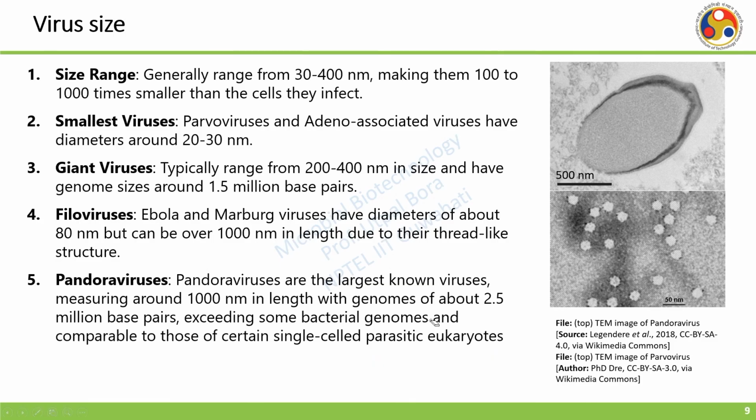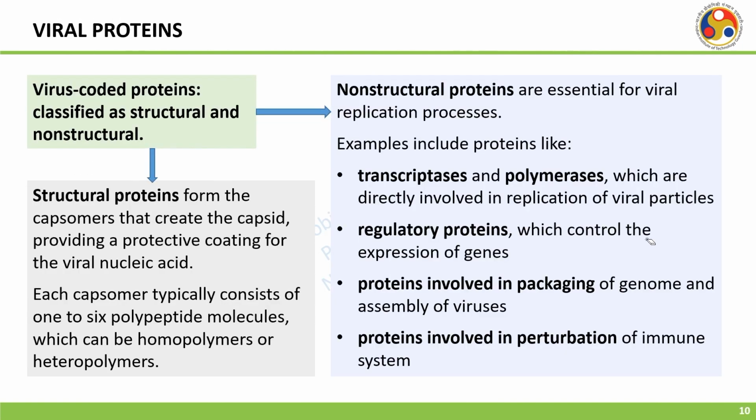So, here you can see the TEM image of Pandoravirus, and this is something around 500 nanometer scale, and you can very well make an assessment of the giantness of this particular virus.